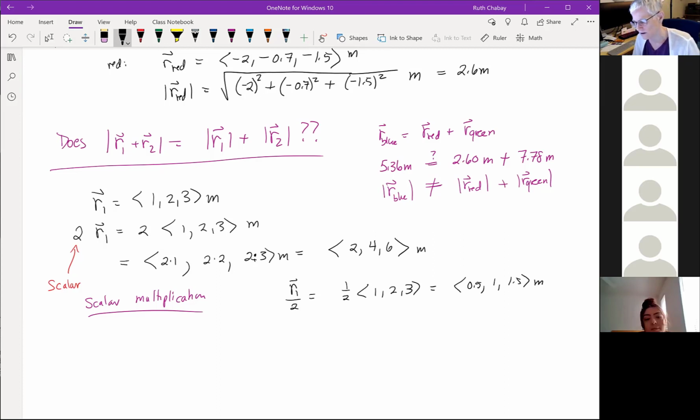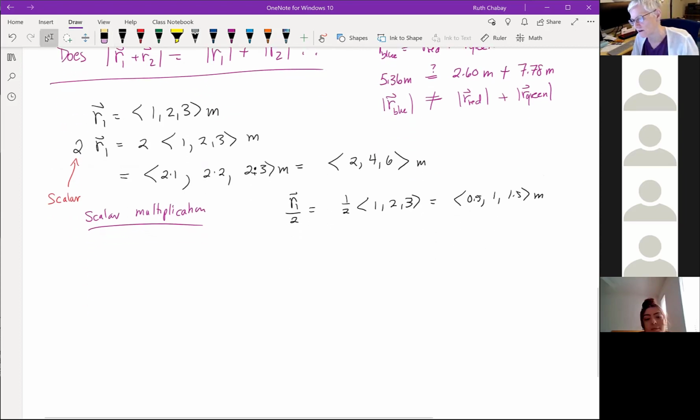So we can multiply by scalars. There are some things we can't do. We cannot divide by a vector. That operation is undefined. We can divide by a scalar, but not a vector. And the ordinary kind of multiplication also is not defined. We'll see later on in the course that there are a couple different ways to combine vectors that are called products, neither of which is the same as some ordinary multiplication operation.